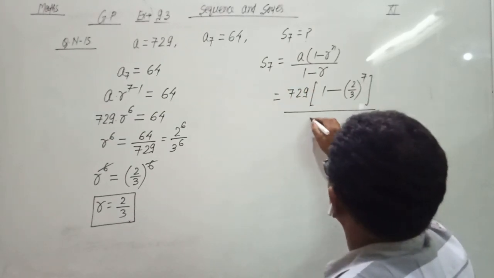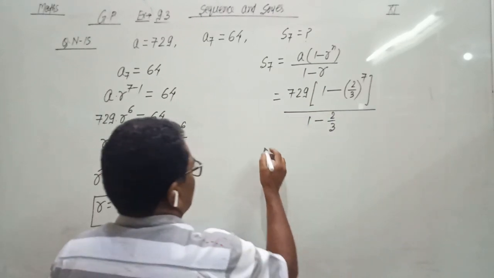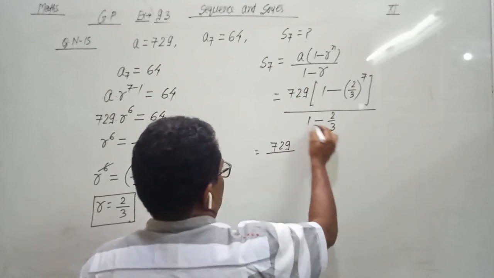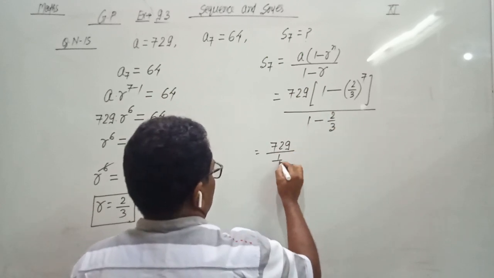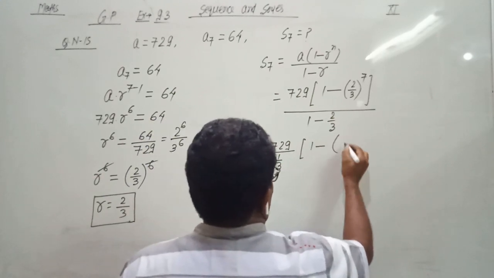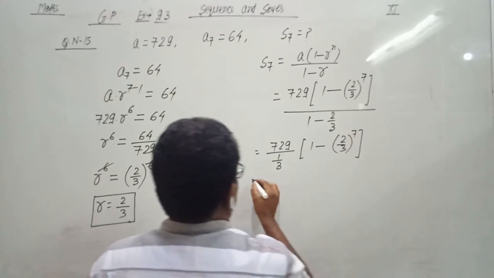1 minus R, 1 minus 2 by 3. So 729 upon 1 minus 2 by 3, this is 1 by 3, and 1 minus (2 by 3) raised to the power 7.